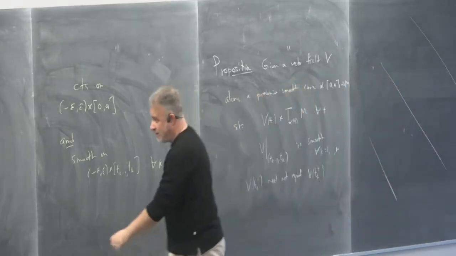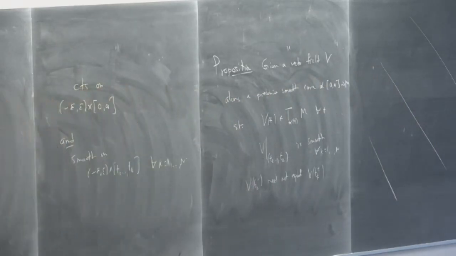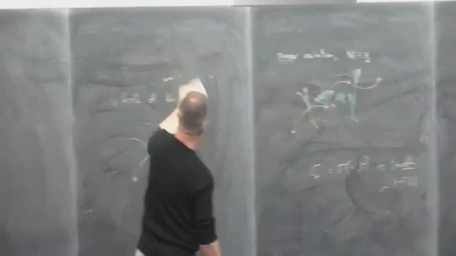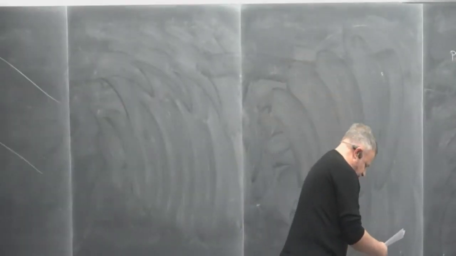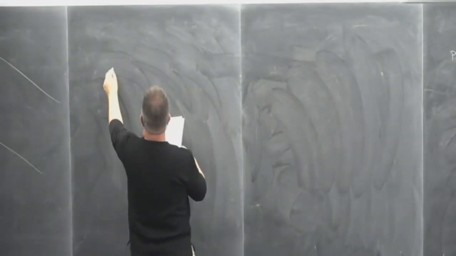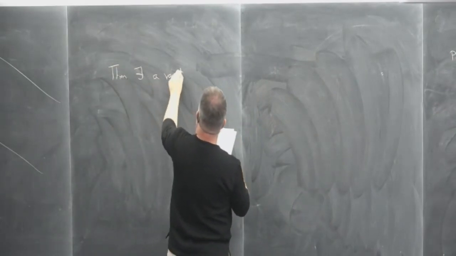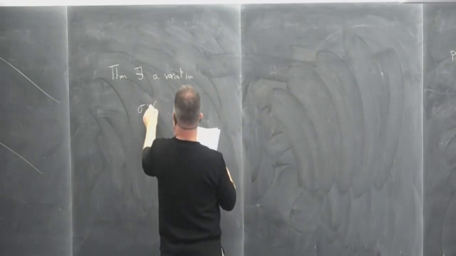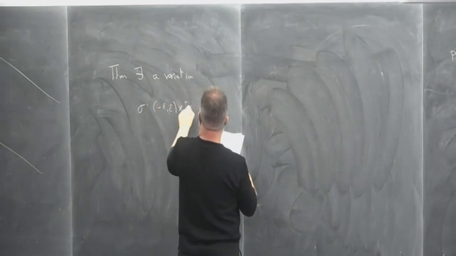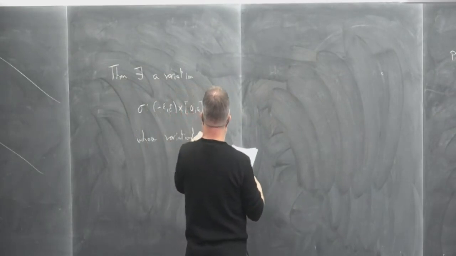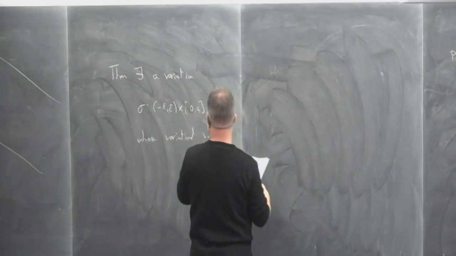Then let's write the statement of the proposition. Then there exists a variation, sigma, whose variational vector field is V. Certainly not unique.